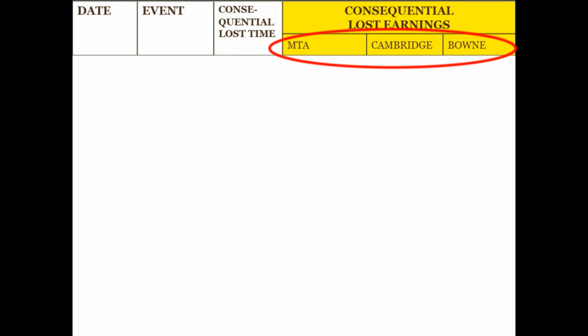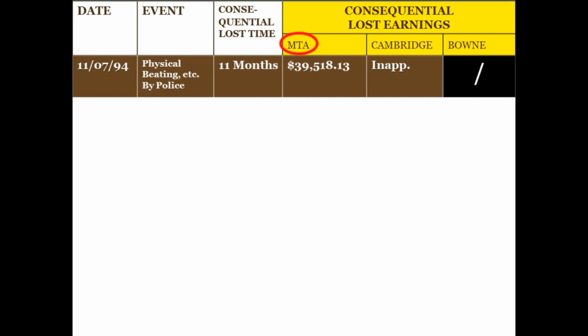So first, James Brown testified about the time that he lost after the beating while he was undergoing psychological therapy. And after he testified, and his testimony is in the record and it's evidence in the case, at that point I signal my assistant and he inserts row number 1, which the jury can digest.